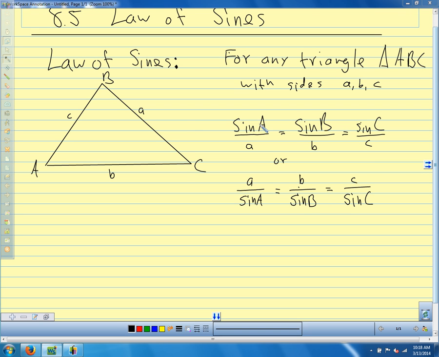Notice that we're matching up the sine of the angle with the side across from it. Sine A, side A, sine B, side B, and sine of C, and side C. So we're making a fraction of the sine of the angle and the side opposite.